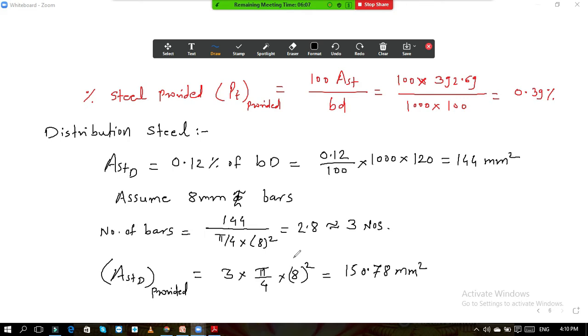Now what will we do next? We will calculate the spacing. Where the spacing is given: page number 46, clause number 26.3.3. According to that clause, we will provide the spacing, and on the same page, the clause for the spacing of main steel is also given, so you read it.